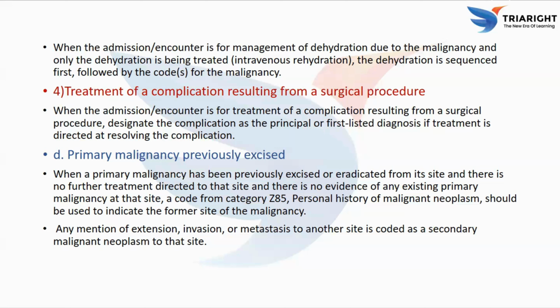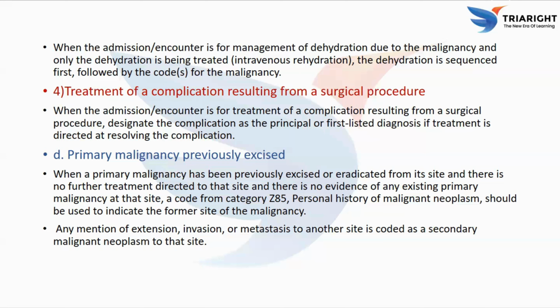For example, a patient status post colon cancer surgery, admitted for post-operative infection. So you have to give the T81 series code for infection following a procedure as a principal diagnosis, and then C18, which is for colon cancer, is assigned as a secondary diagnosis if it is still present. So treat what is being treated first, regardless of the cancer history.